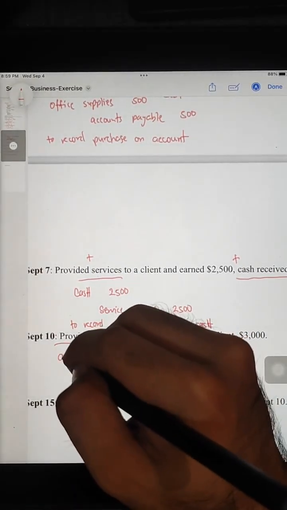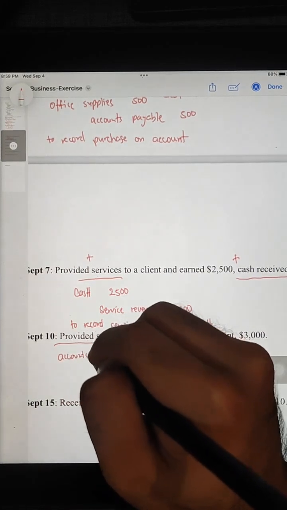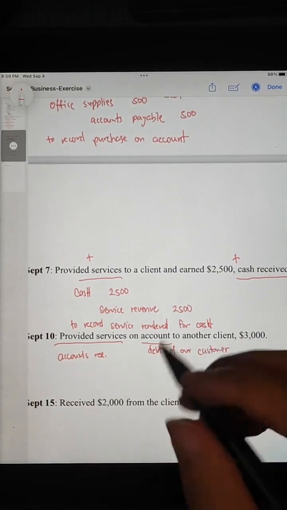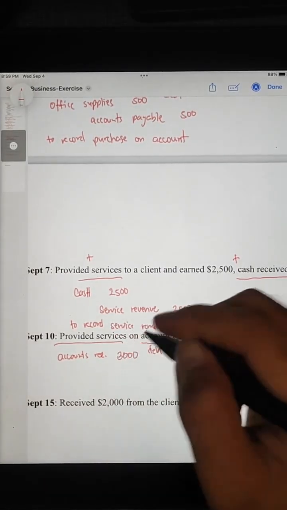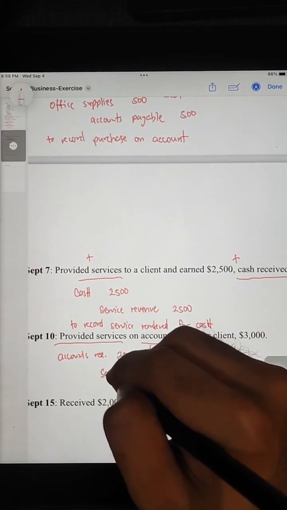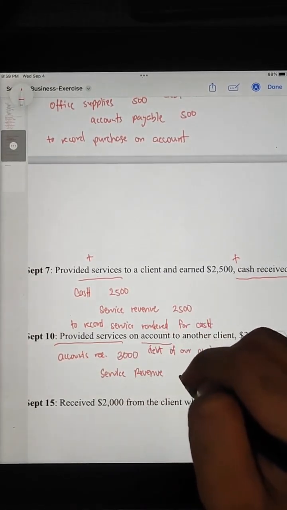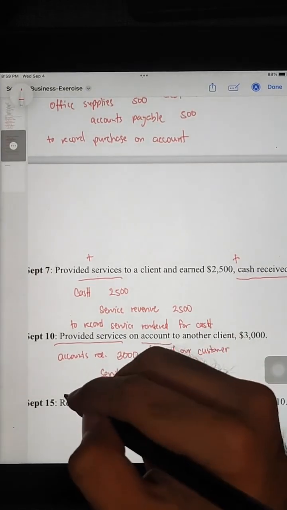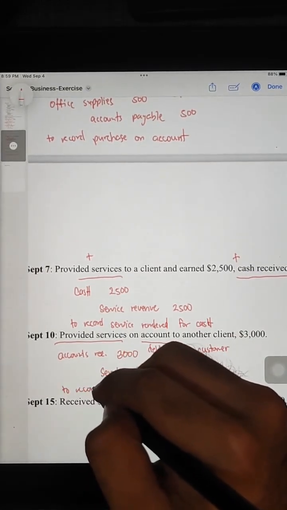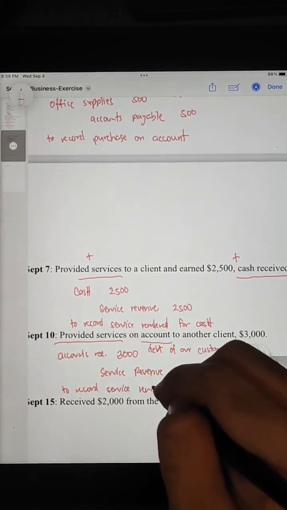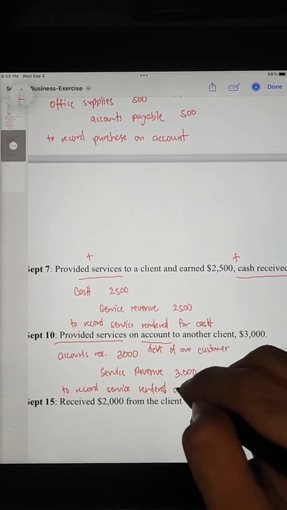So, debit, accounts receivable. I'll just shortcut ko na lang yan kasi medyo mahaba. And then, service revenue, 3,000 pesos to record service rendered on account.